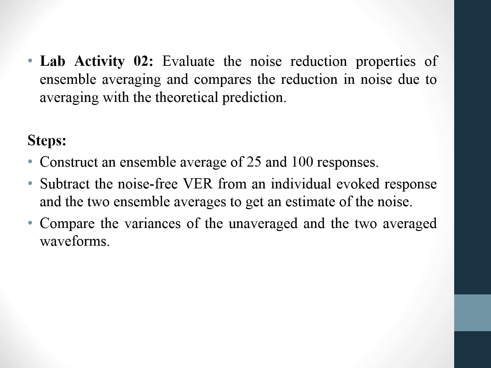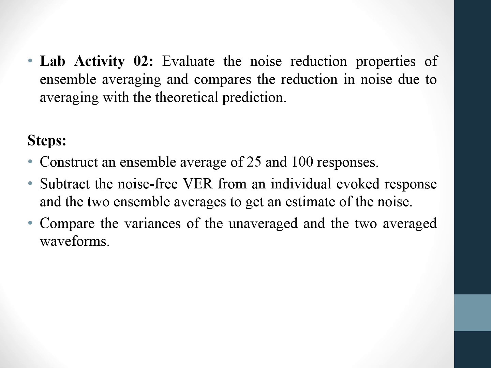The second lab activity is associated with the evaluation of noise reduction properties of ensemble averaging. In this lab activity, we will evaluate the noise reduction properties of ensemble averaging and compare the reduction in noise, how ensemble averaging significantly reduces the noise. The steps for this lab activity are to construct an ensemble average of 25 and 100 responses.